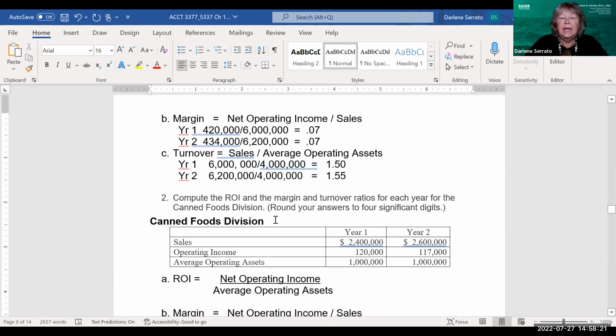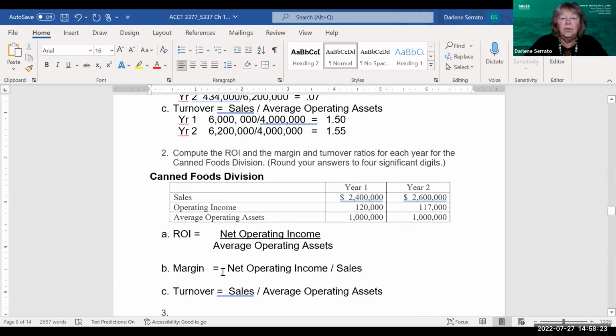Now, to do canned foods, I've copied them over again, so the numbers are right here. Year 1, income is 2,400,000 divided by average assets of 1 million.